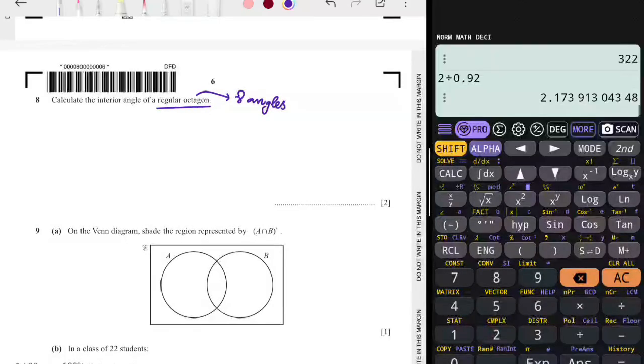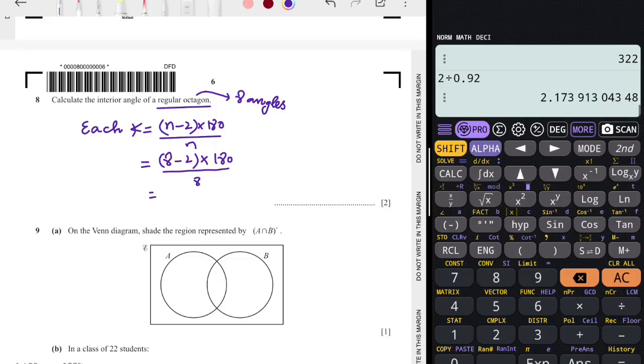So to find each interior angle, we have to use the formula, that is n minus 2 times 180 divided by n. So there are 8 sides. 8 minus 2 times 180 divided by 8. So 8 minus 2 is 6, times 180 divided by 8.